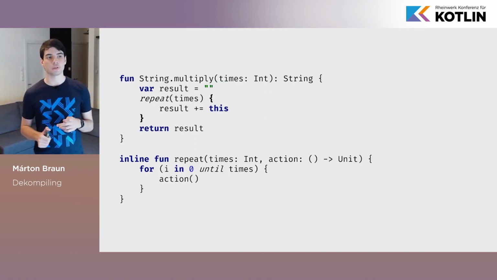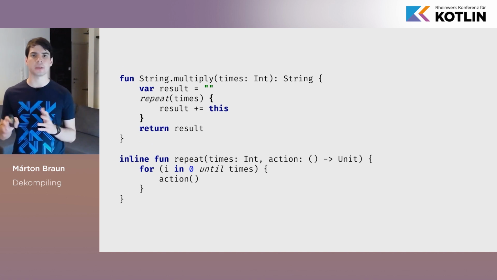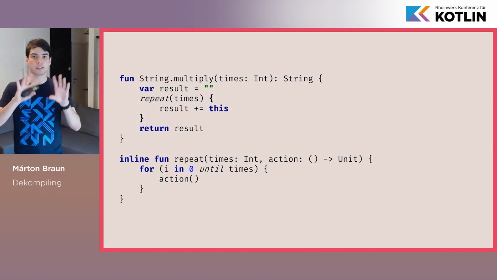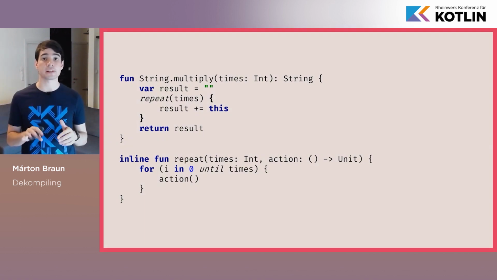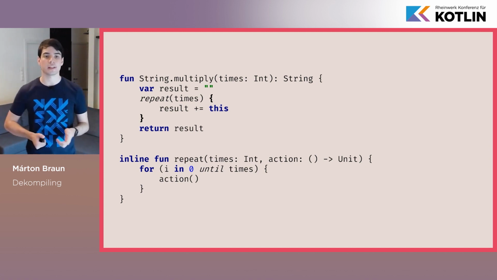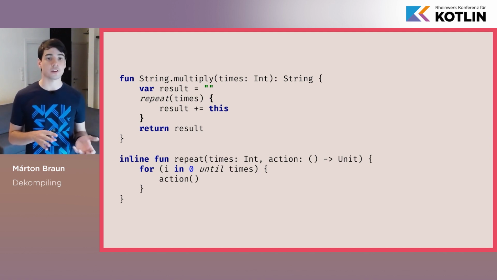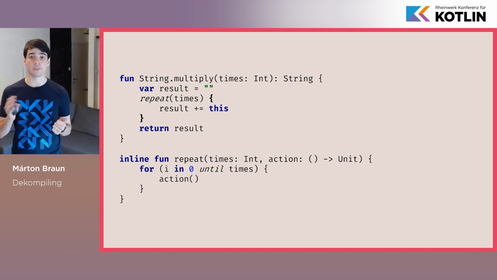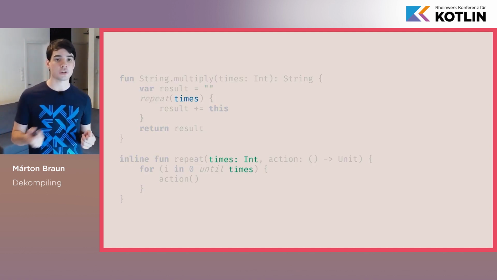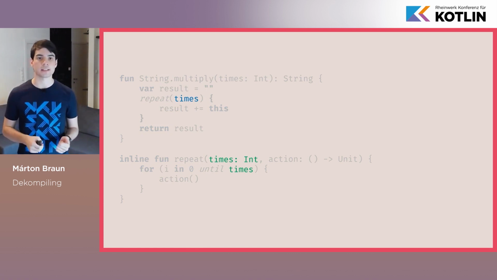Let's take a look at this more visually. And even though this transformation happens on some intermediate form of the code during the compilation process, we're going to go into this dream scenario where this happens on the Kotlin source code so that we can track the steps of it more easily. So the way to think about inlining is that whenever we call the repeat function, and this is done separately for every usage of repeat, the compiler would take each of its parameters and substitute the concrete value that's being passed in as that parameter.